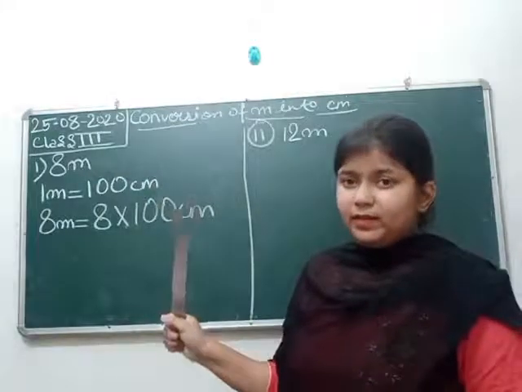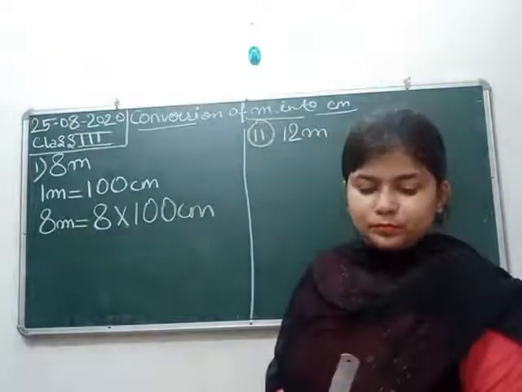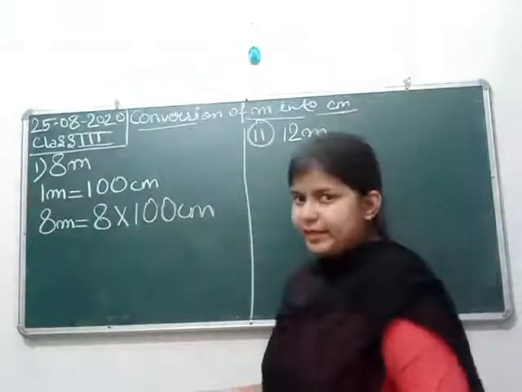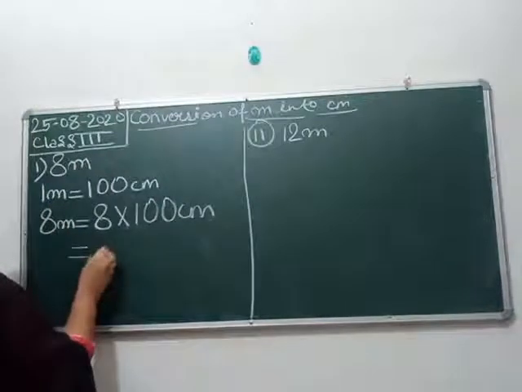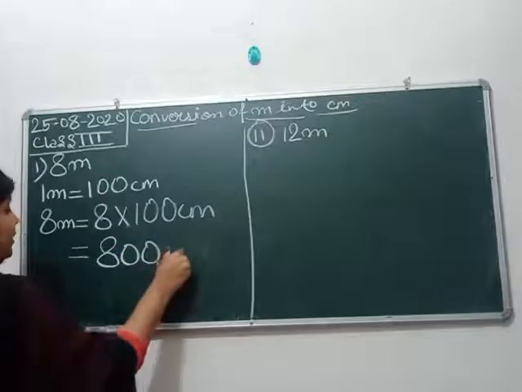That is given. We have to find it for 8 meters. So 8 meter equals 8 into 100 centimeter. Okay. So 8 into 100 centimeter is equal to 800 centimeter.